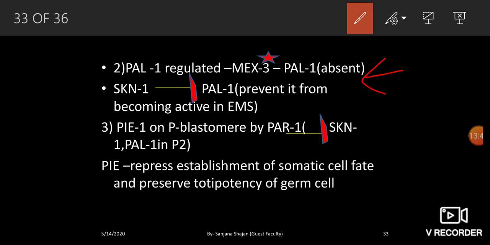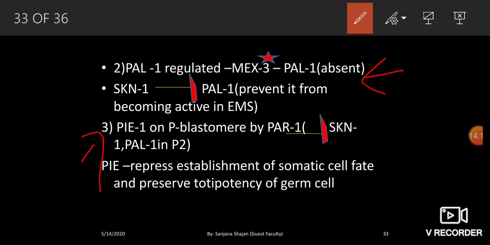So when you go and mutate this PIE1 gene, what you see is that all the germline blastomeres start adopting somatic fates. For example, the cells which were supposed to be germline cells become somatic cells, and the P2 cells will start behaving as EMS blastomeres.